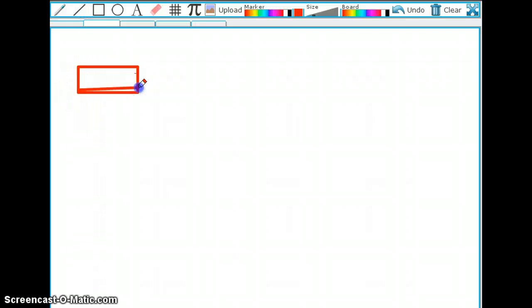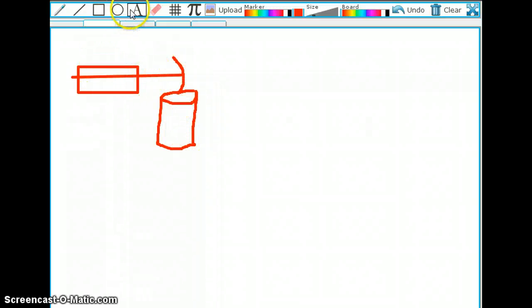It's connected to a bucket, and I'm going to say it's connected through a pulley system. And then I'm going to draw a bucket out at the bottom here. It's a really ugly bucket, but again, that's not the point. So there we have it. We have a block.